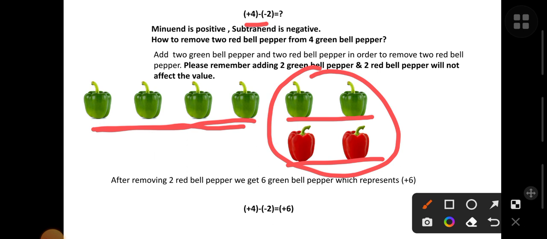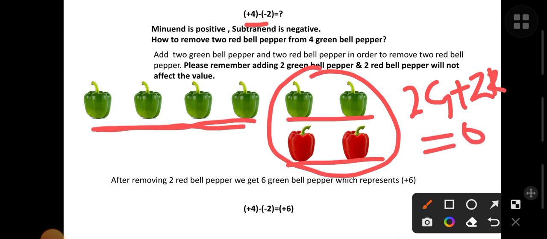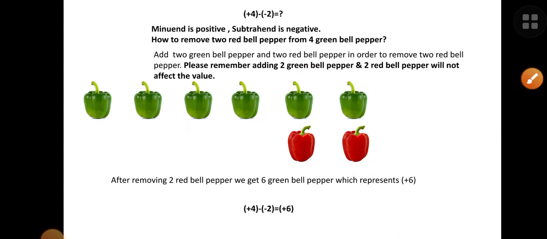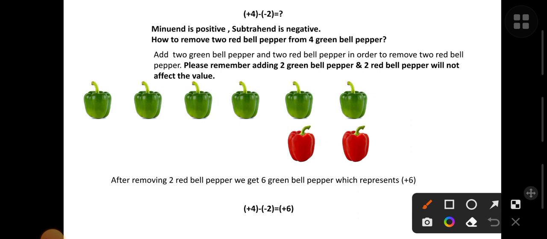That means 2 green bell pepper plus 2 red bell pepper gives 0. That is the meaning. Now after adding 2 green and 2 red bell peppers, it is possible to remove 2 red bell pepper from the picture.